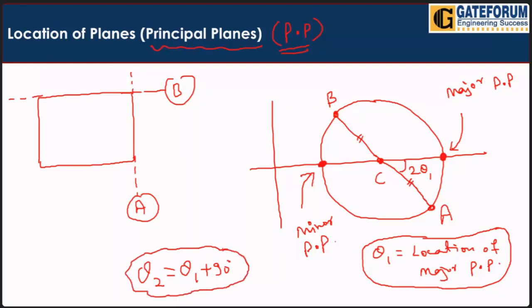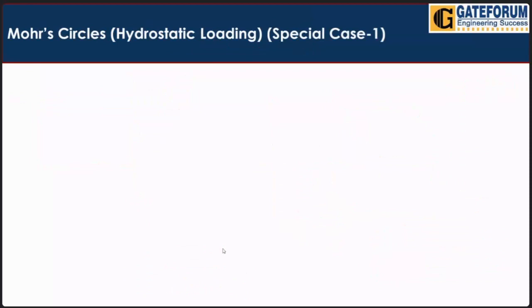Very simple, just school level mathematics. Just use sine theta, cos theta, tan theta and the circle, and you can find the value of theta 1 as well as theta 2, that is, the location of the principal planes.